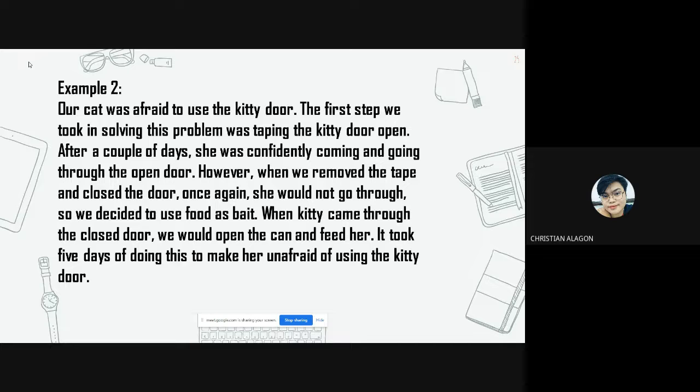So we decided to use food as a bait. When the kitty came through the closed door, we would open the can and feed her. It took 5 days of doing this to make her unafraid of using the kitty door. So what is our problem and solution in that particular situation?